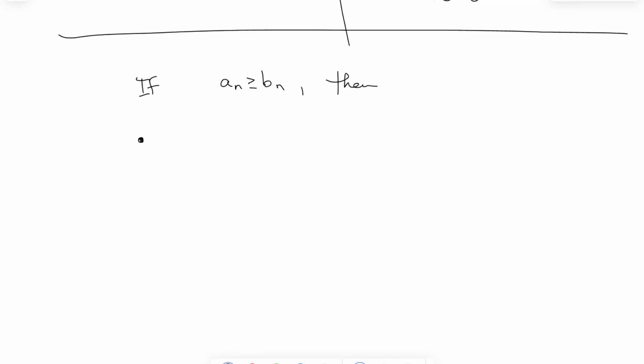So I'm thinking of the a's as being bigger than the b's. And the idea here is if the sum of the a's converges, then the sum of the b's converges.